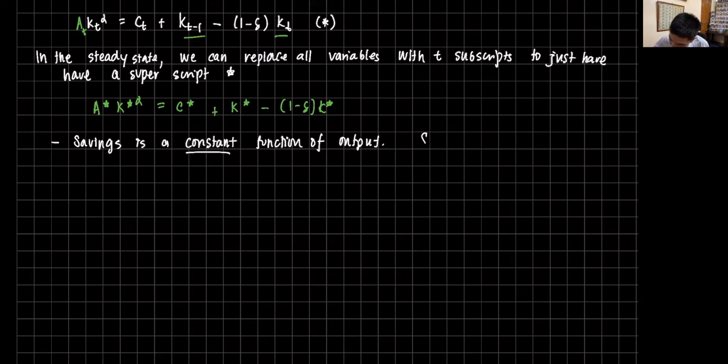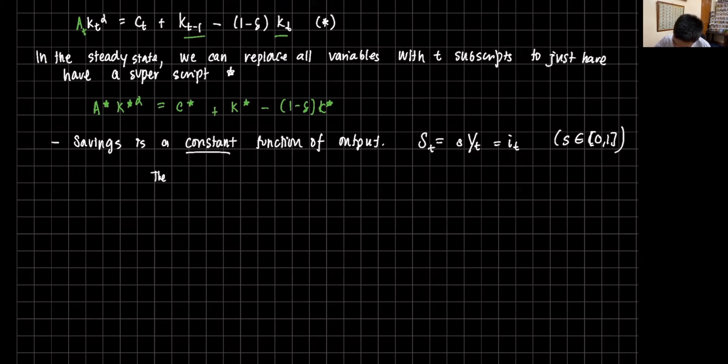So we know that savings, S_t, is some proportion, little s, times Y_t, or output, and this is equal to investment. Just to make it clear, little s is some proportion between 0 and 1.